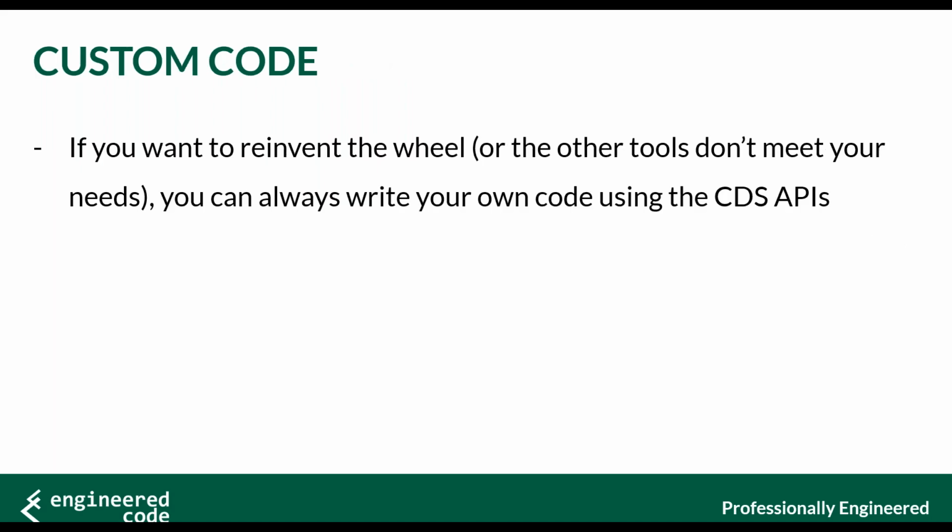All right. So as I'd mentioned before, custom code. If you want to reinvent the wheel, or if for whatever reason the other tools don't meet your needs, you can always write your own code using the CDS APIs. To be honest, I'm not sure I can think of a good reason why you would always need to do that.